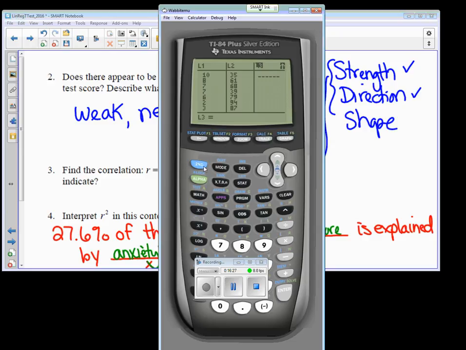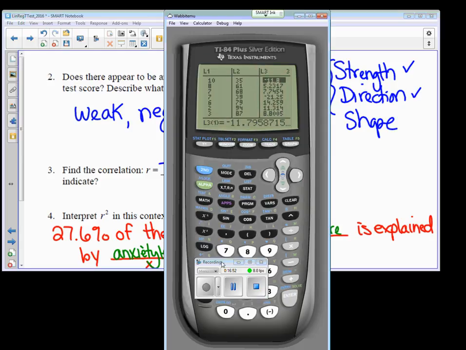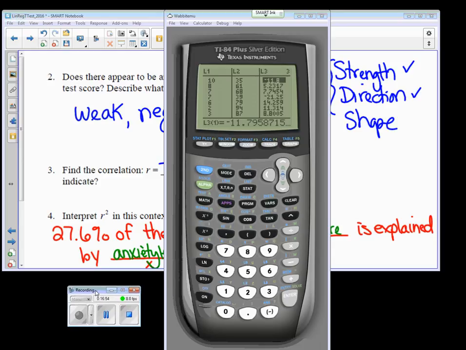If you go to second Stat, which is List, option, I believe it's 8, there we go, Resid, stands for the residual. So again, second Stat, which is your list, go to residuals, and as long as you have the L3 highlighted, it'll say, oh, you want me to put residuals in there? And you want to say, you betcha. And there they are. Okay? How do I have the calculator draw a residual plot?